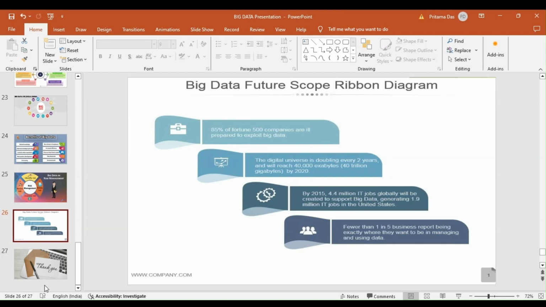Like advanced analytics: continued advancements in analytics, including machine learning and artificial intelligence, will enable deeper insights and more accurate predictions from big data. So, overall, the future of big data will involve a combination of technological advancements, ethical considerations, and industry specific innovations, shaping how organizations leverage and benefit from it.